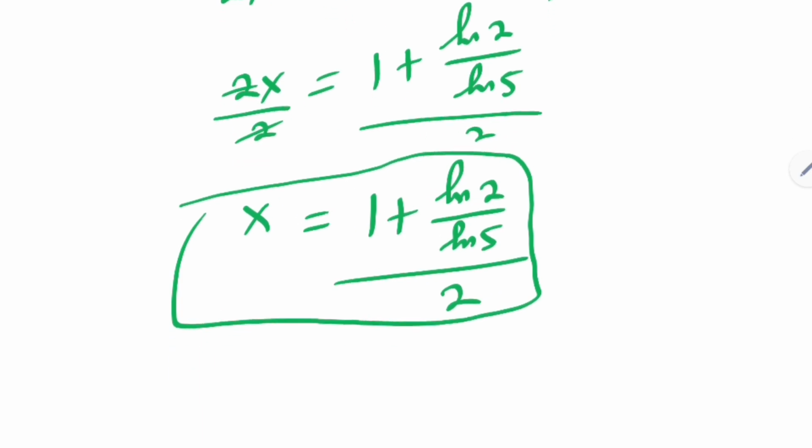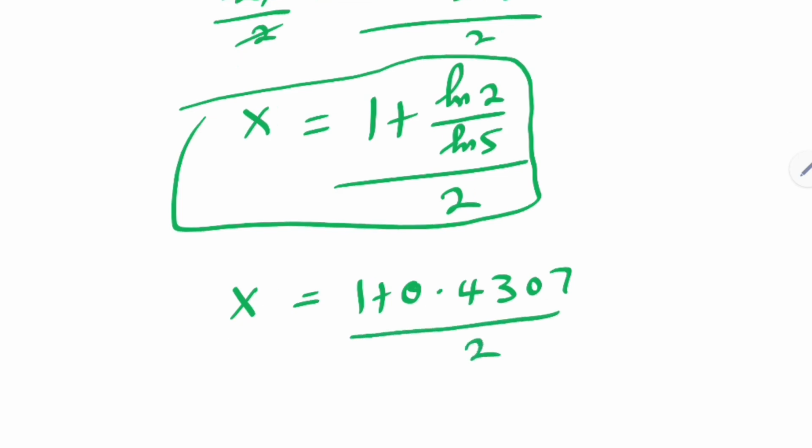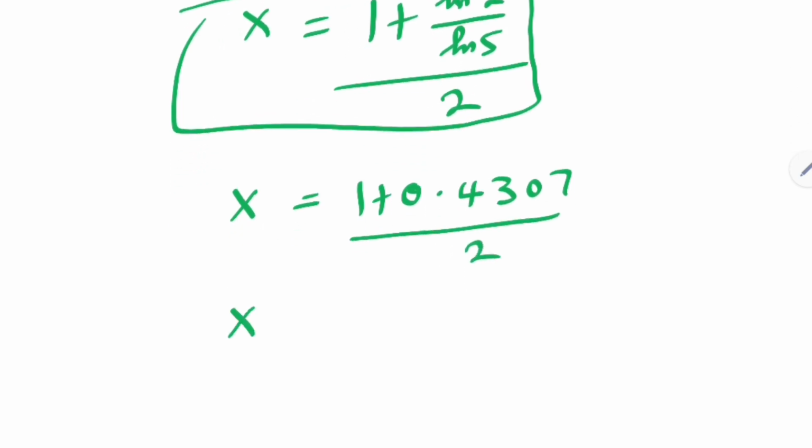But in case you want to use your calculator, x will be equal to 1 plus ln of 2 over ln of 5. That will be 0.4307. Then over 2. x is equal to 1 plus 0.4307.